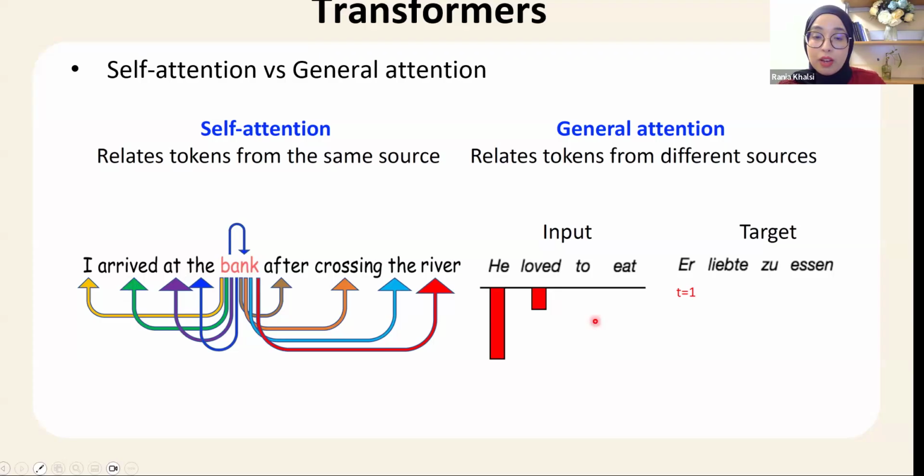However, on the other hand, general attention mainly relates tokens that are coming from different sources. For example, in encoder-decoder attention, we rely on the encoder features, the previous hidden state in the decoder, and the similarity measure between them. So these components together determine how much each encoder token contributes to the decoder current output.